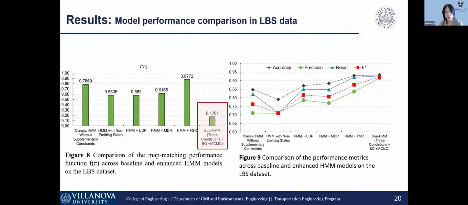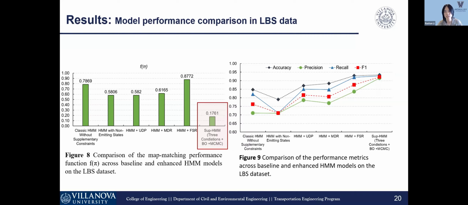Here are the core results on our LBS data, and they really show the advantage of the Sup-HMM model. First, on the left, figure 8 compares the map matching error across the different models. You can see that the Sup-HMM model achieved an error of just 0.176.